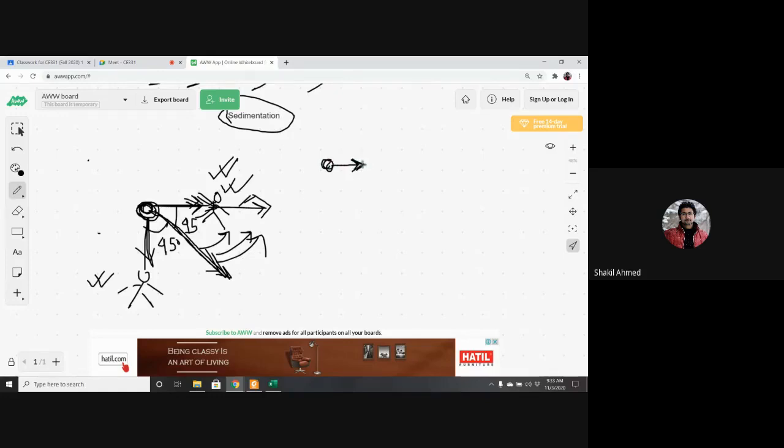If you pull it stronger, it will come toward you. So if F1 is stronger, then it will be shifted towards F1, and this angle will be, for example, 30 degrees, and this angle maybe 60 degrees. Am I right or wrong?